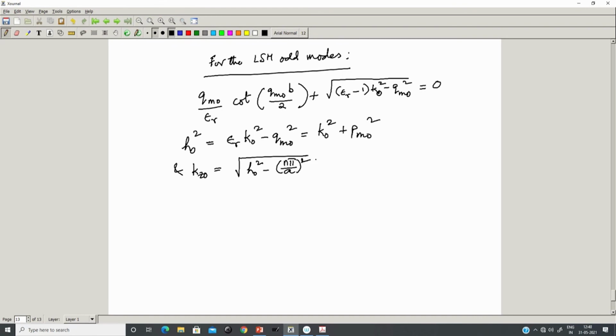So, again to find the cutoff frequency of the mode, we set k_zo equal to 0. That condition is going to yield the cutoff frequency of the LSM odd mode.